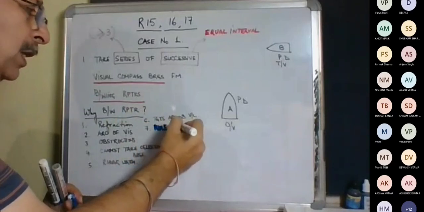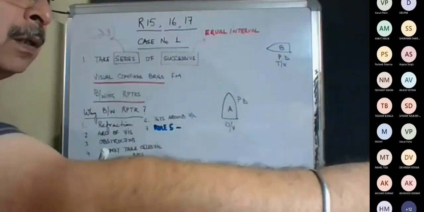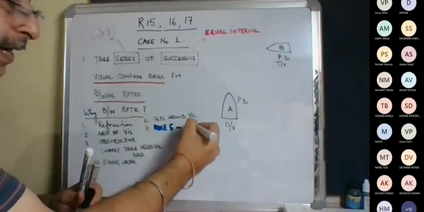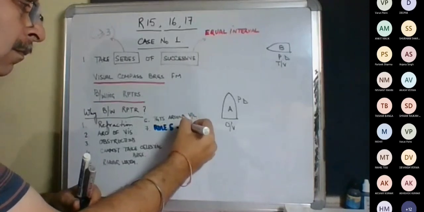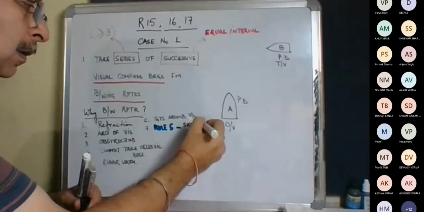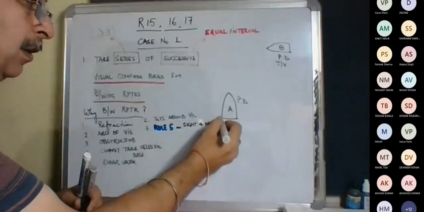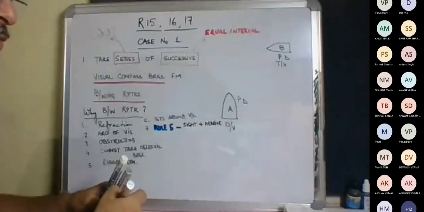Rule 5 lookout says you shall keep a lookout by sight and by hearing.